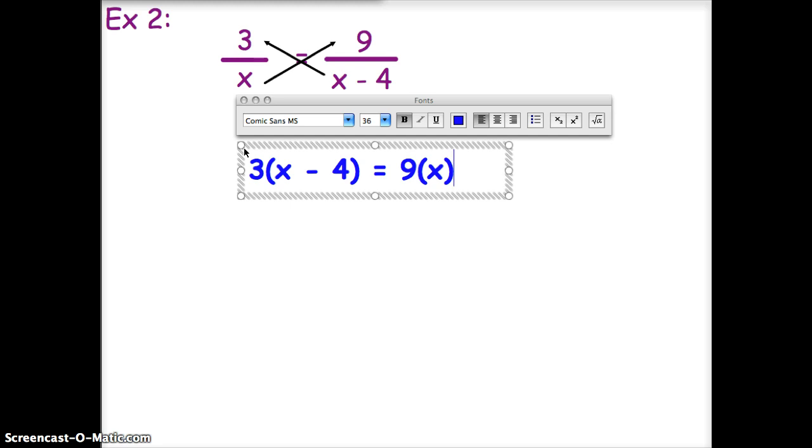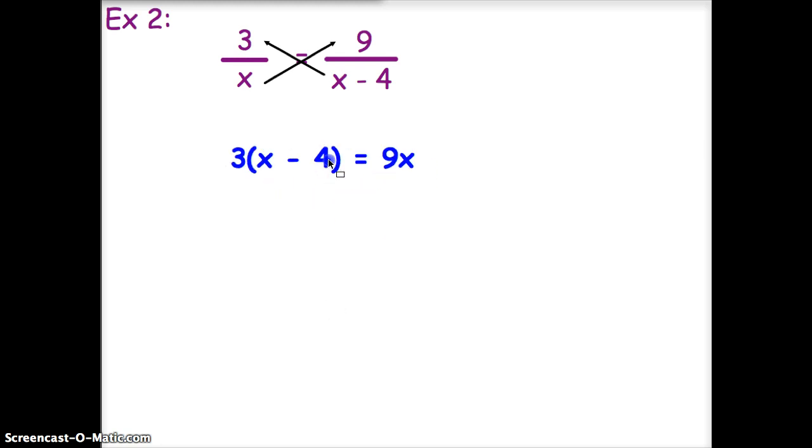Now with the 9 times x, you can put parentheses, but it almost makes it more confusing, so we don't have to. The left side, we definitely do need our parentheses. You're taking the 3 and multiplying it by every single piece of the denominator. So we're going to have to use our distributive property at this point.